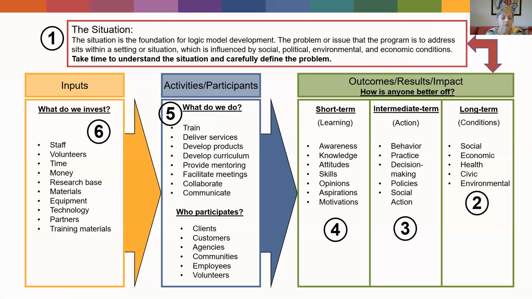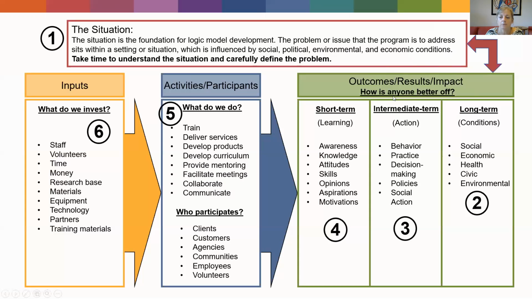And here's the flow of designing that programming model. As we're designing it, it is an ends to means directional. We start with the situation and determine what we want to happen. What do we want to change? What would it look like after our programming takes place?